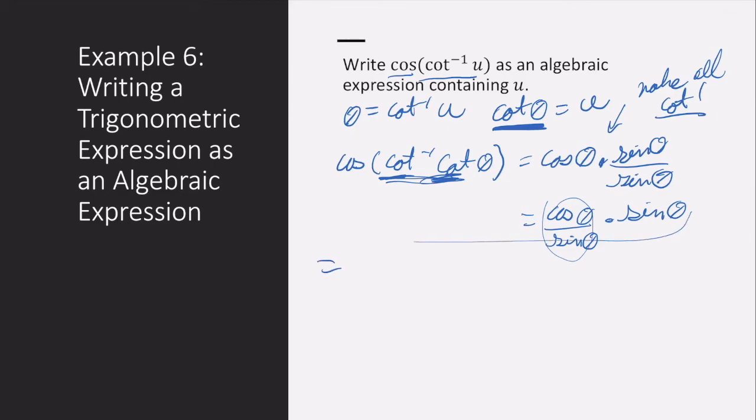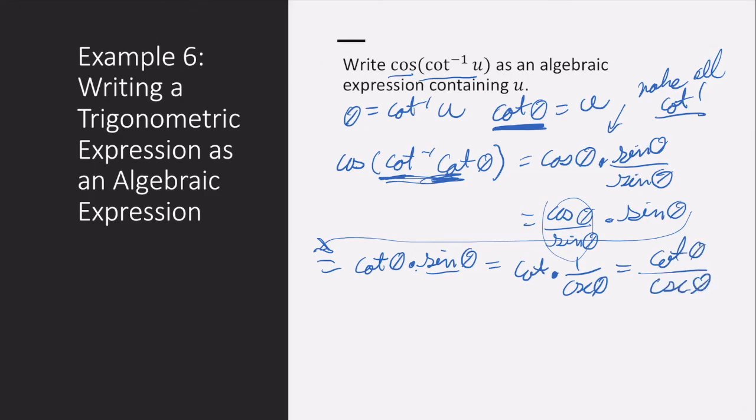So now I've got cotangent of theta times sine of theta. Sine of theta we could rewrite as 1 over cosecant theta. Now I have cotangent theta over cosecant theta.